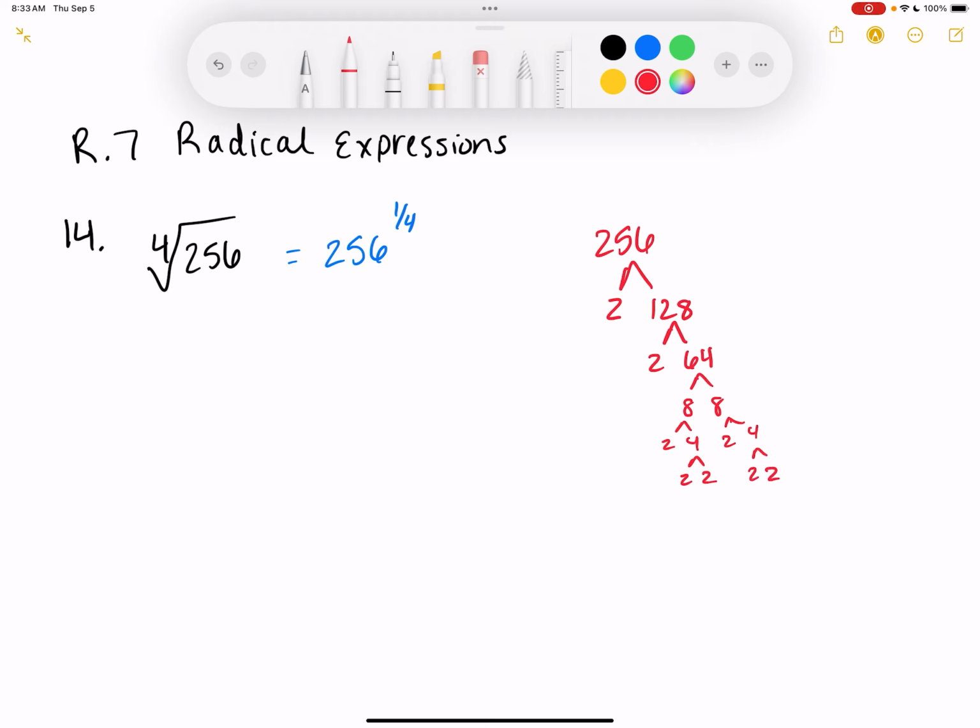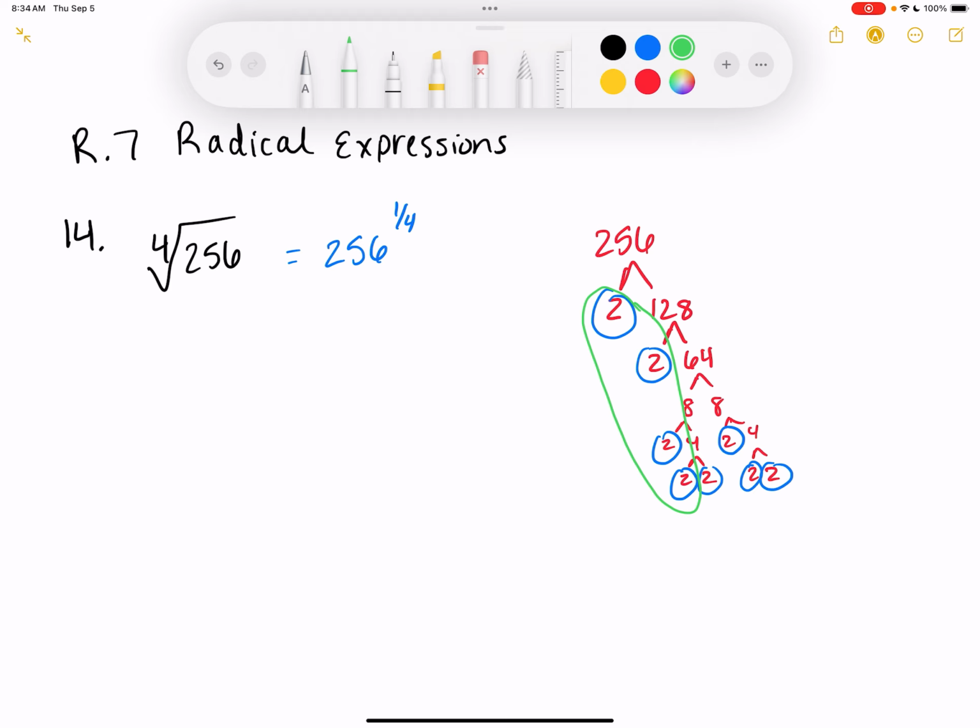So what I'm left with at the end, I have 1, 2, 3, 4, 5, 6, 7, 8 2s. So I take things out in groups of 4. So over here, I have a group of 4 2s, so I'm taking a 2 out.